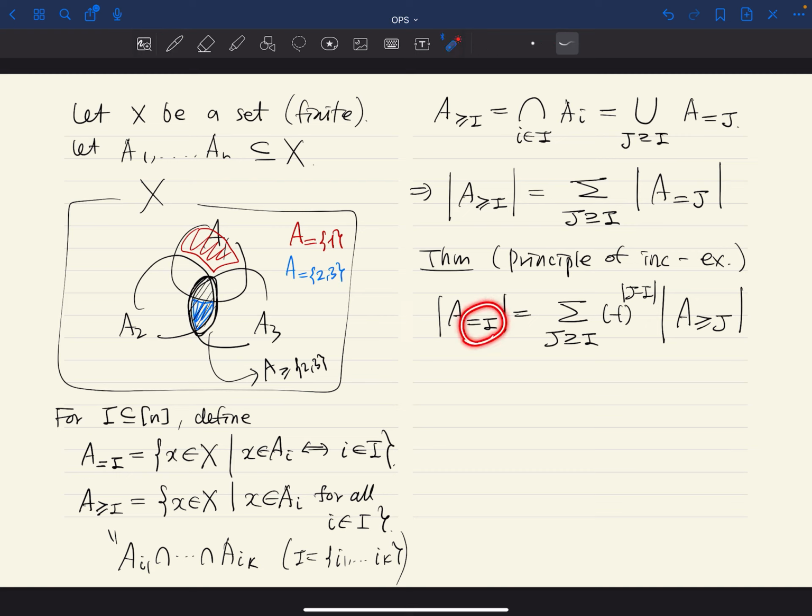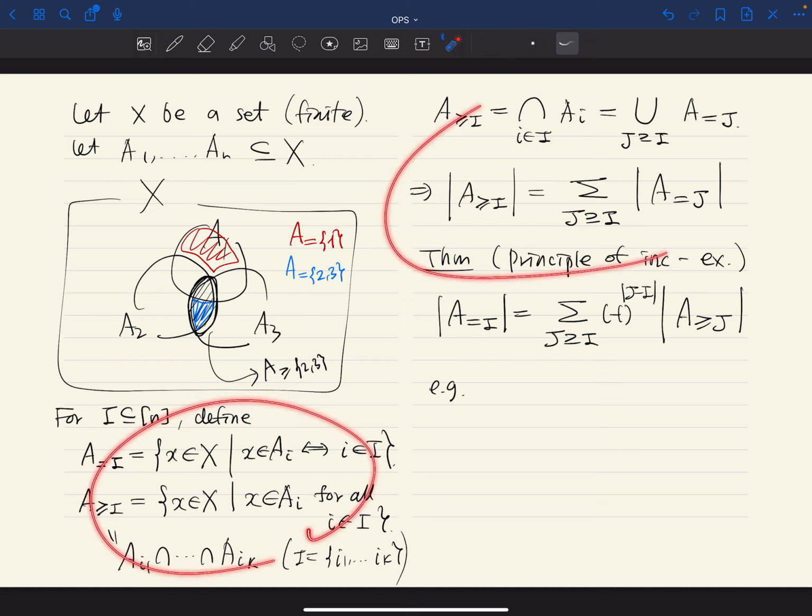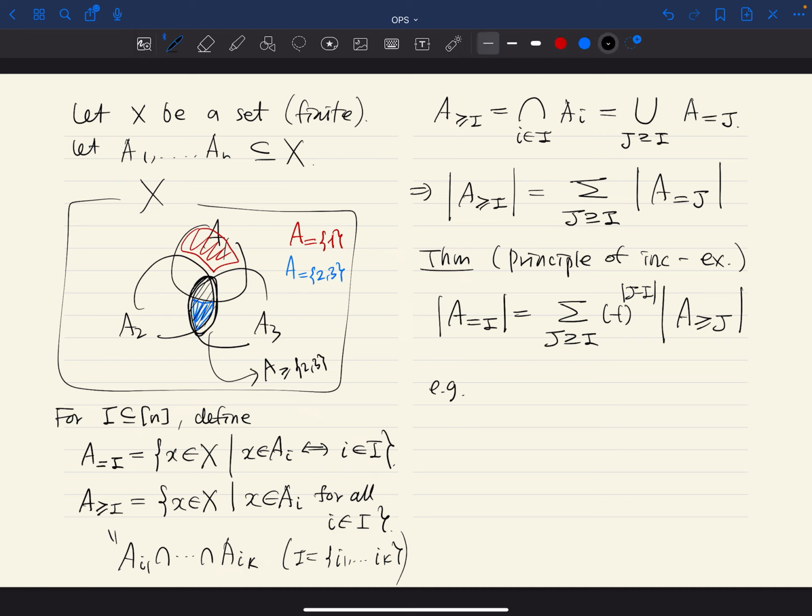So let's just consider what happens in this example, just to get the idea, because I think I introduced new notations like this that may be confusing. Let's say A1 and A2, and let's say X. What is A empty?